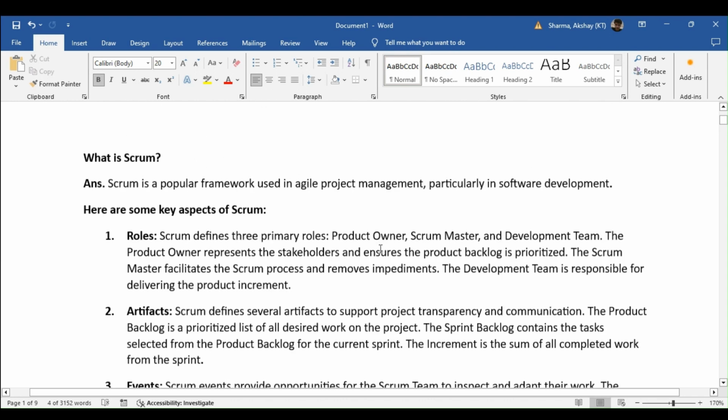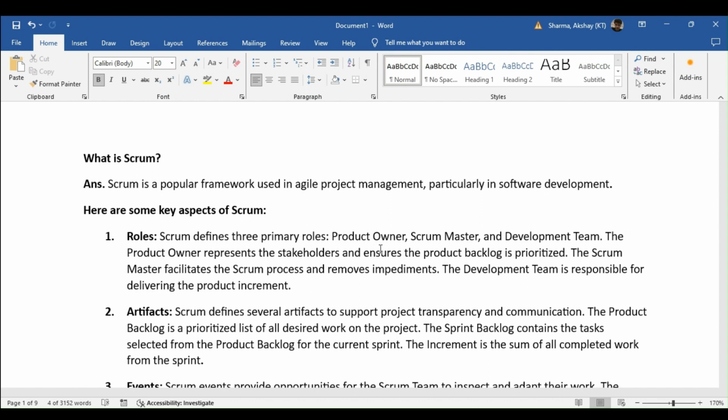So all these things we'll be discussing. The first key aspect of Scrum is the roles. Let me read out what all the roles in Scrum are.